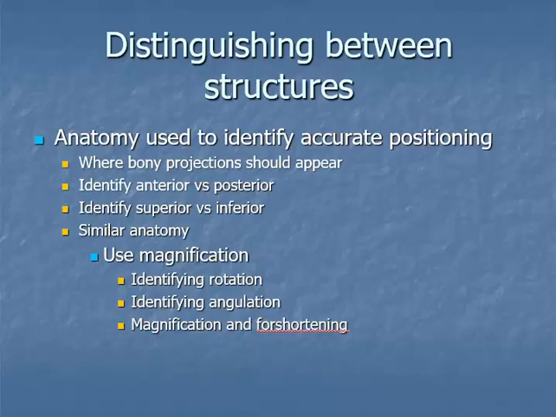We need to be able to identify what should be superior versus what should be inferior, and therefore if they're superimposed, what kind of problems we had going on there. We're going to look at similar anatomy. We'll look at magnification, be able to identify rotation, angulation of either the anatomy or the central ray or both. And we'll look at issues like magnification, foreshortening, and elongation.